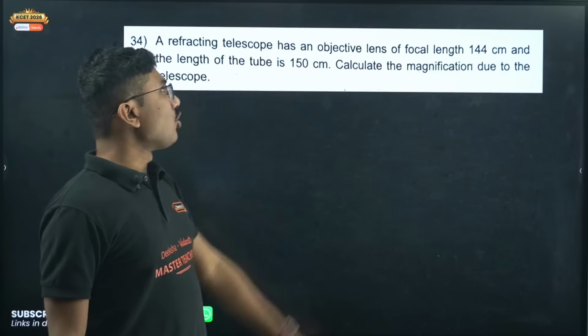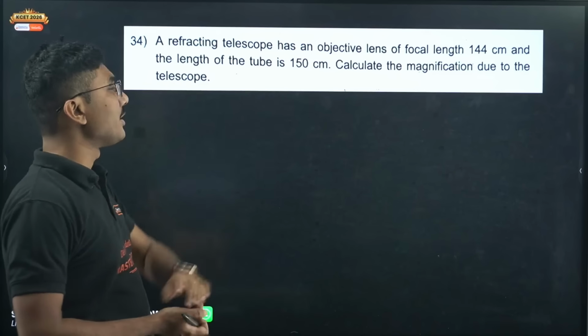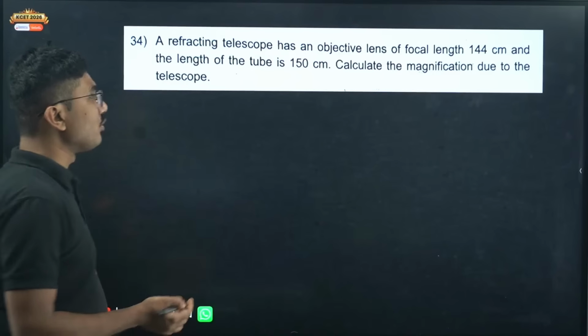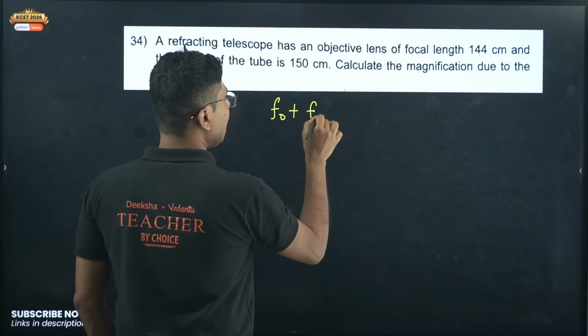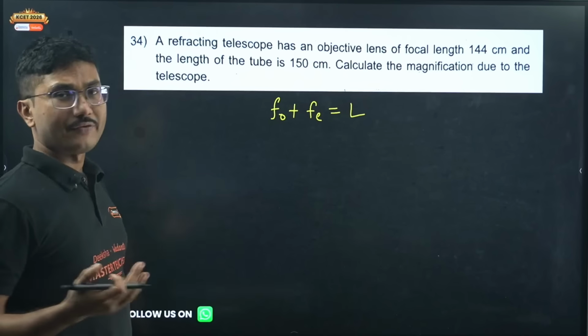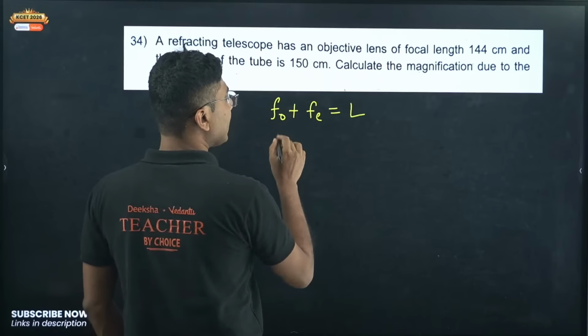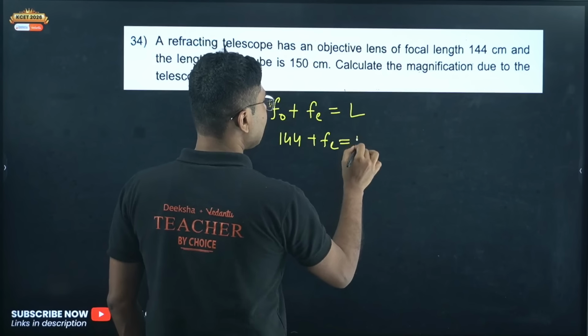A refracting telescope has an objective lens of focal length 144 centimeter and the length of the tube is 150. I don't know how many of you have attempted, but it is a very easy question. For a telescope, FO plus FE is equal to the length of the telescope. Objective is given 144, FE is not given, length is given 150.